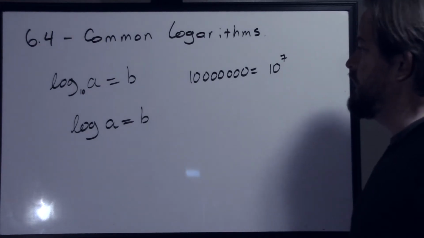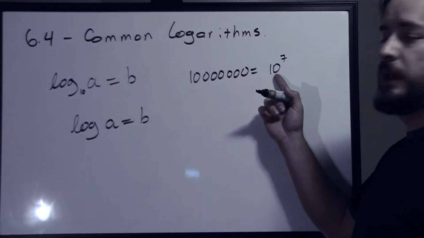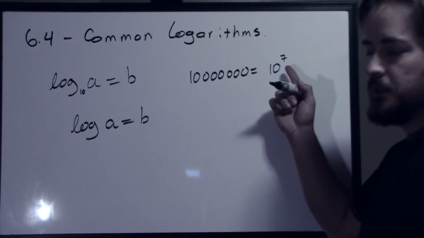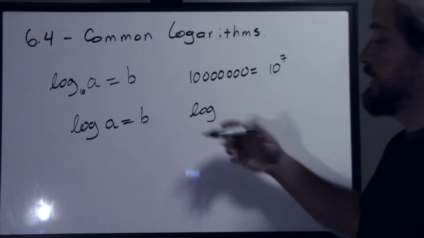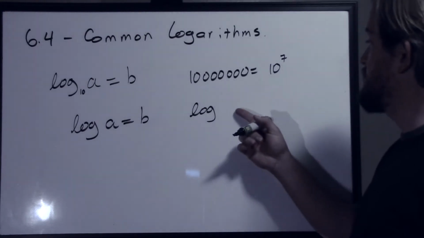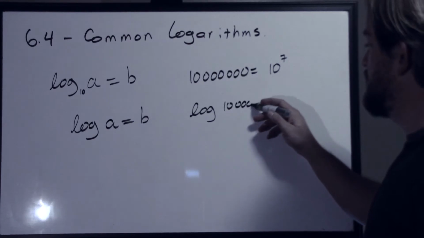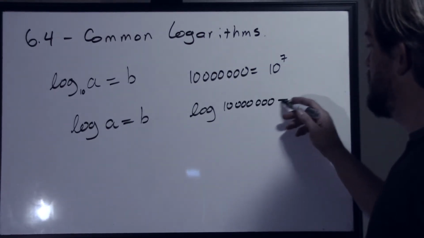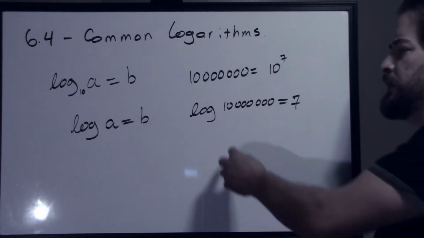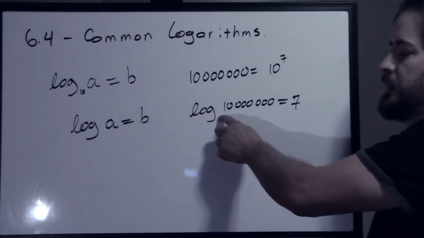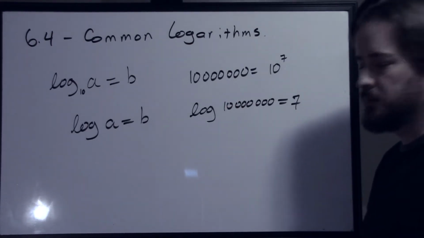But I can rewrite this equation in logarithmic form. 10 is my base of the exponential on the right hand side, so I can rewrite it as a log with that base 10, which I don't write because it's the implied base. The log base 10 of 10 million equals 7. You can think of it as being true because if I rewrite this as an exponential, 10 raised to the 7 is 10 million. That's a true statement.